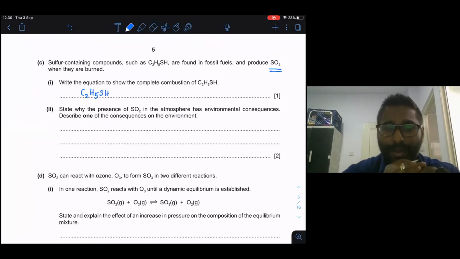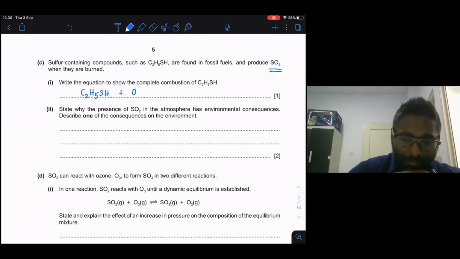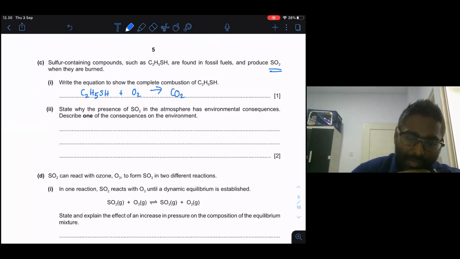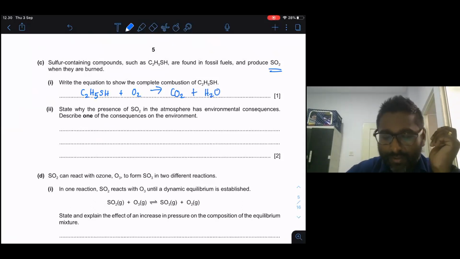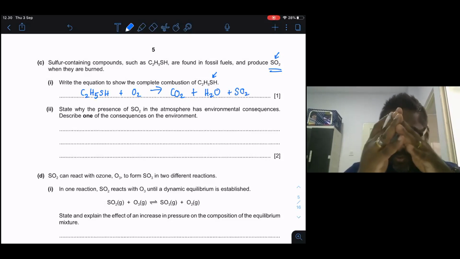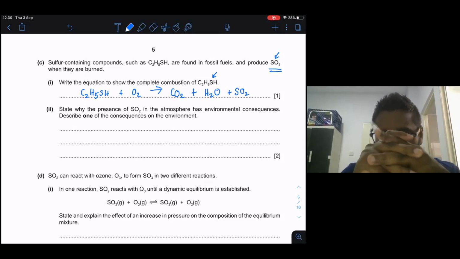When you burn it with oxygen, what will it give you? Whenever you have hydrocarbons, with complete combustion, they must give you carbon dioxide and water, whether you like it or not. But because now there is S, there is definitely SO2. So you just need to balance this equation.